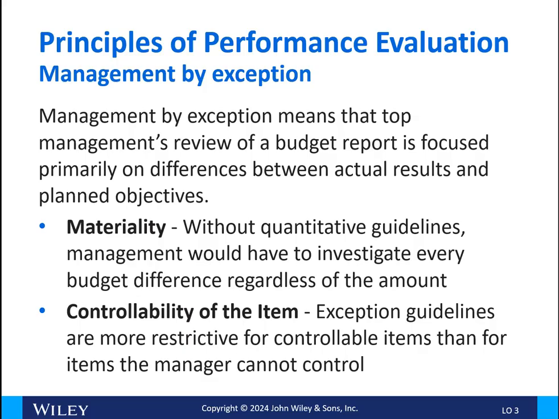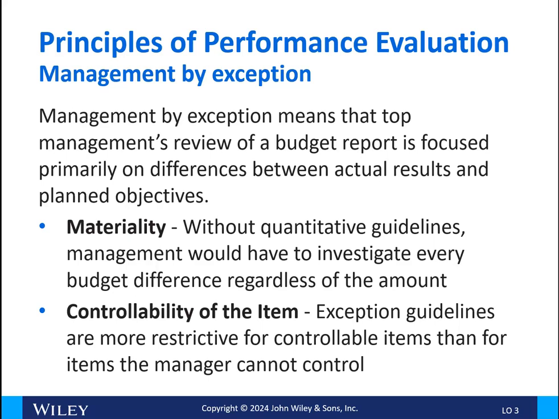Then the other thing to look at is the controllability of the item. Exception guidelines are more restrictive for controllable items than for items the manager cannot control. So if I run a department, my department's wages and salaries, direct labor, indirect labor, whatever it is, I can control that because I set those pay scales.